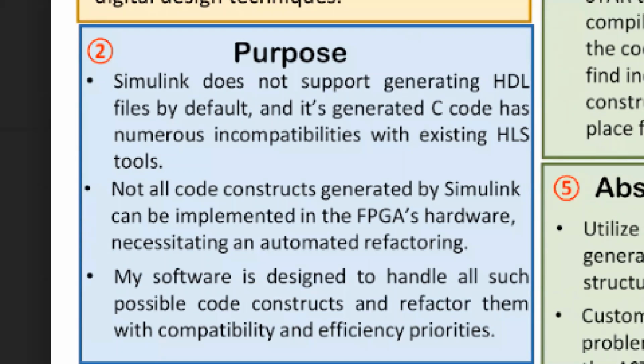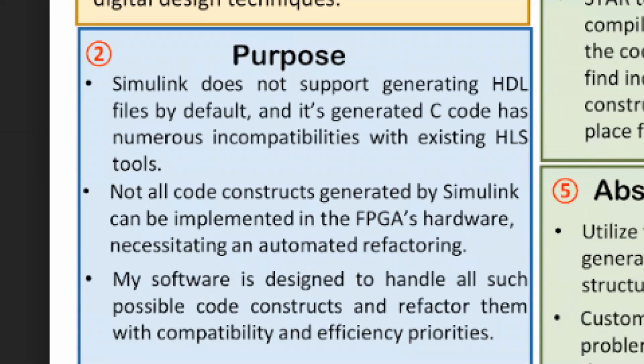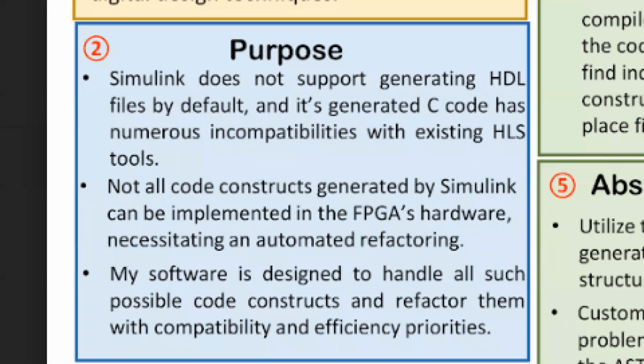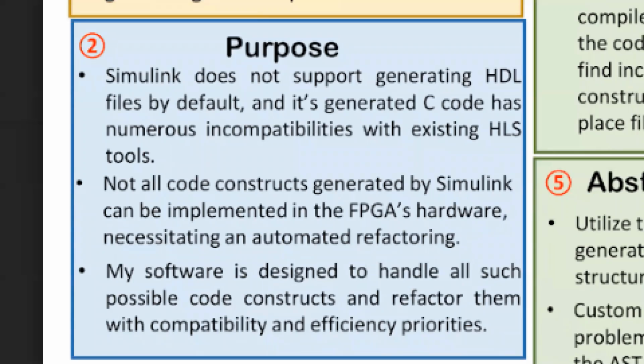So Simulink takes the GUI model that is created by the user in its interface, and it generates a C source code representation of that. But not all code constructs generated by Simulink can be implemented in the FPGA's hardware, necessitating an automated refactoring, which is where my tool comes in.